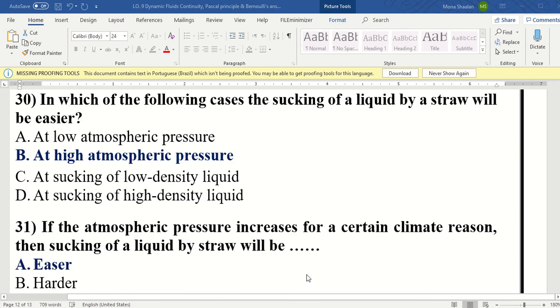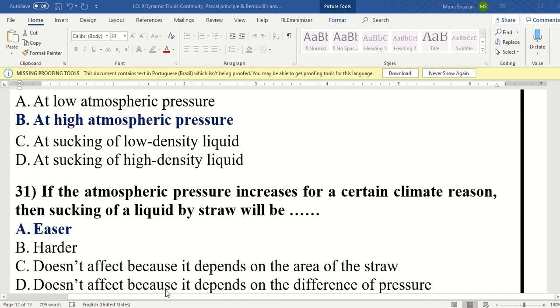In which of the following cases will the sucking of a liquid by a straw be easier? Of course, at a higher atmospheric pressure, as there is a region of high pressure that moves the liquid inside the straw.